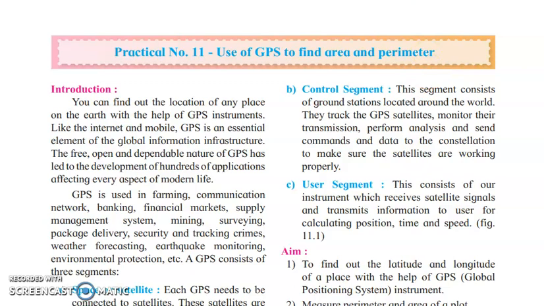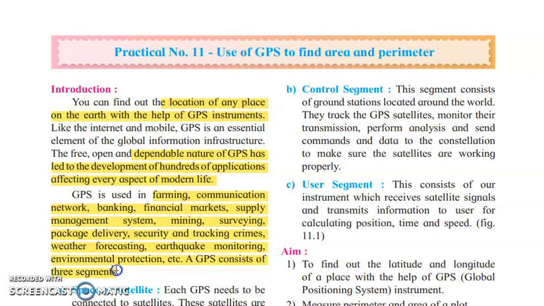In today's world we use GPS everywhere, just to find out the location wherever we want to visit. They are available in our vehicles also. Whenever you travel from one place to another by car, you can go with the help of GPS. Next, it is used in farming, communication, networking, banking, financial markets, supply management, mining, and surveying. These are all the sectors in which you can use GPS.